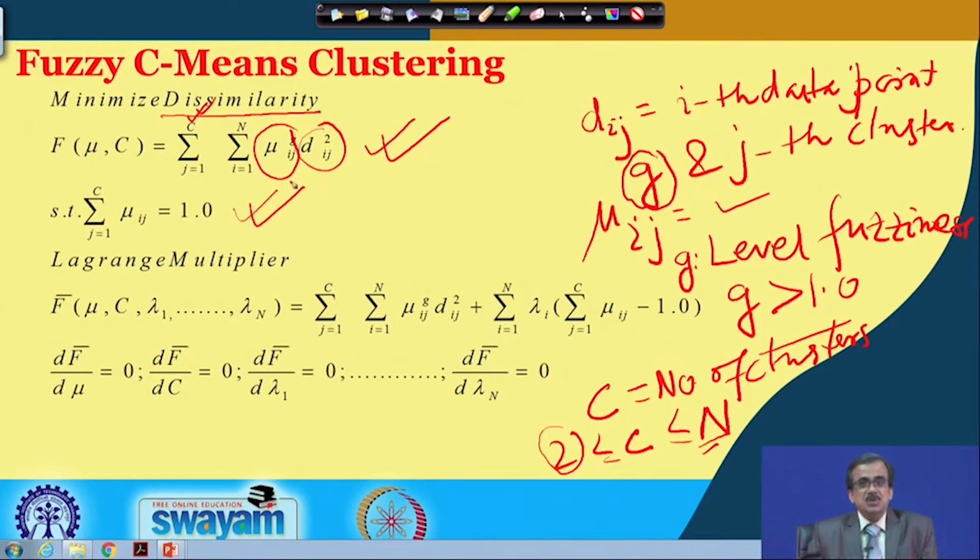Now, let us see how to solve it using the traditional method of optimization, and to solve this type of problem we take the help of Lagrange multiplier.